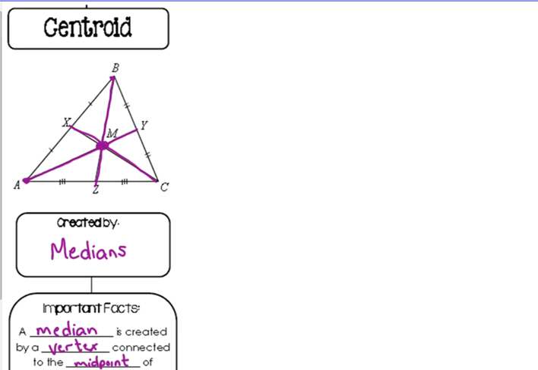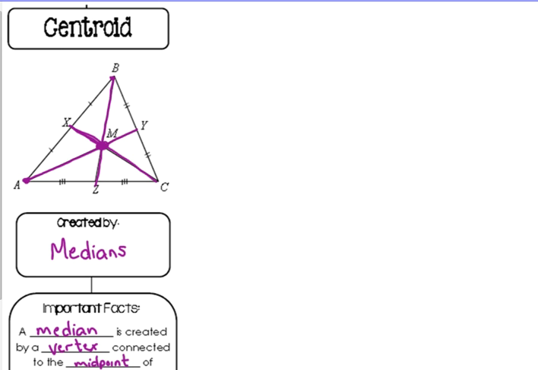So that's why these centers are all in a similar location. If we had a triangle that was a little more skewed one way or another, the centers would definitely be in different places.